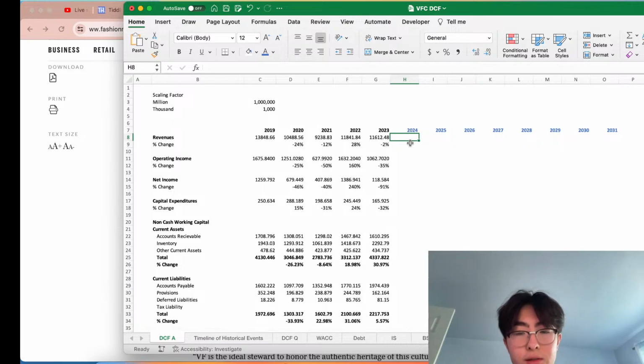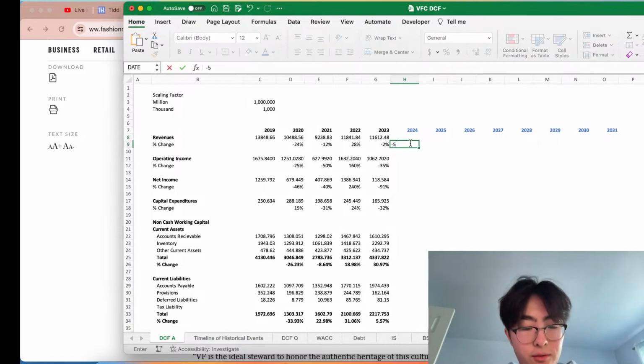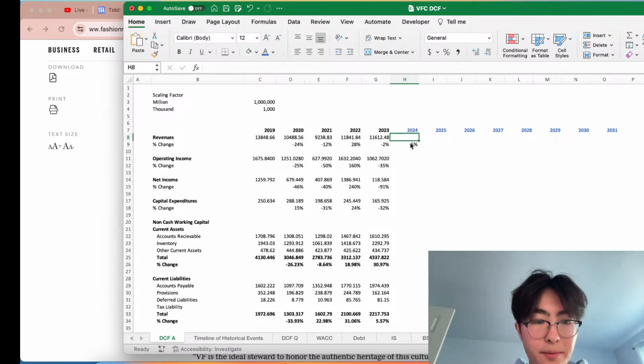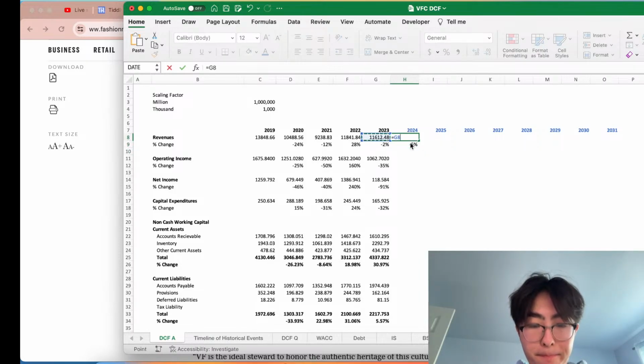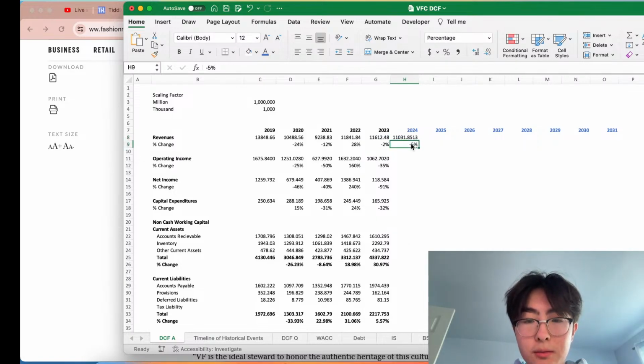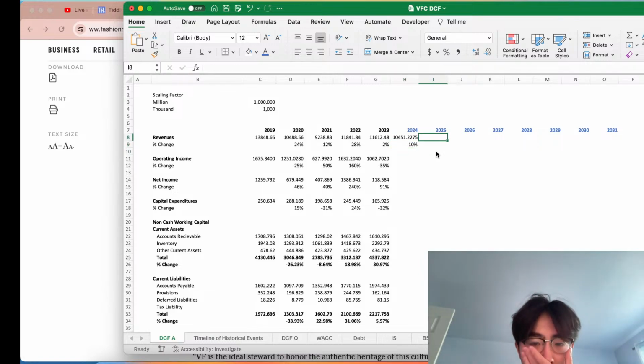So let's say a 5% decrease. Minus 10. So even if it's, all right, let's say minus 10.